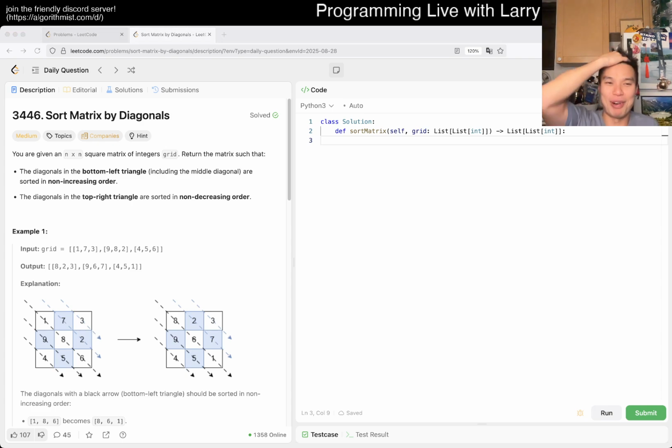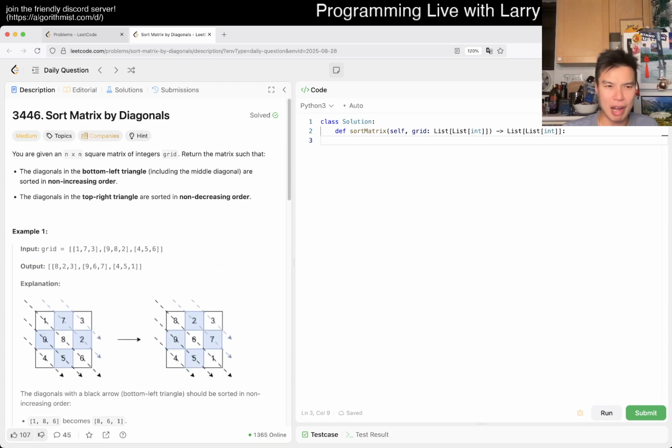Let's take a look at today's farm. No long thing today. Today's farm is 3446, Sort Matrix by Diagonals. All right, you have a square grid. Diagonals in the bottom left triangle, including the middle one, are sorted in non-decreasing order.